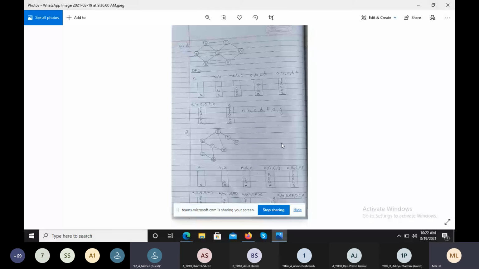Okay, it depends on which adjacent node you're selecting. Sometimes somebody else might have selected the adjacent node as E, so the output might look different. But the strategy, I hope everybody has understood.